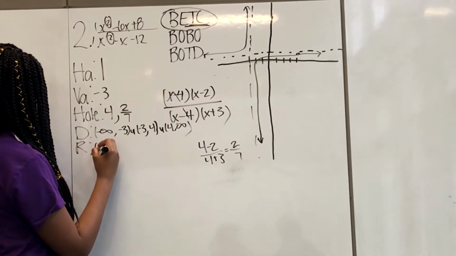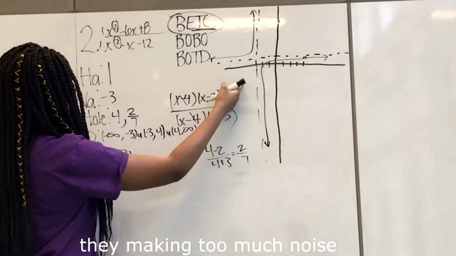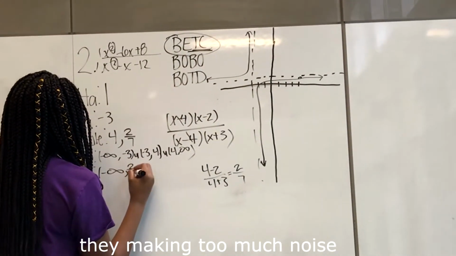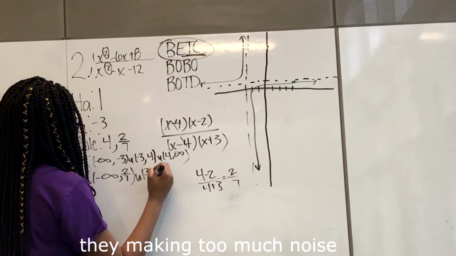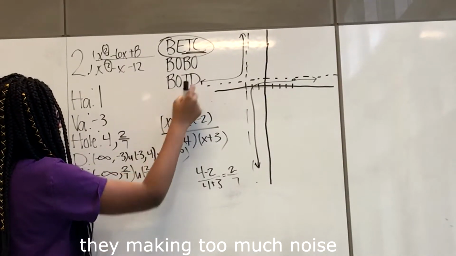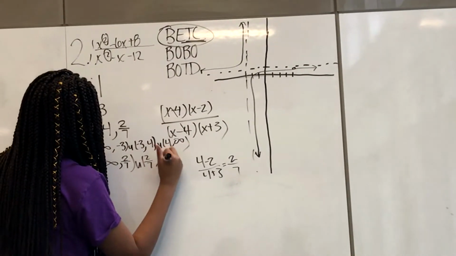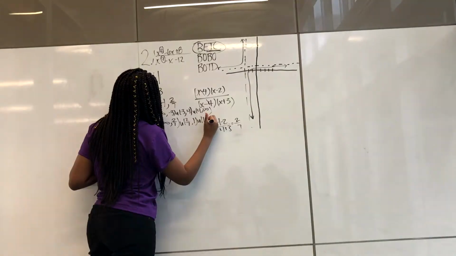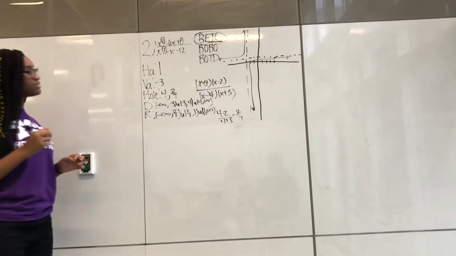Next one, for the range, is negative infinity to the hole, which comes first, is 2 sevenths, union 2 sevenths to the horizontal asymptote, which is 1, union 1 to infinity.